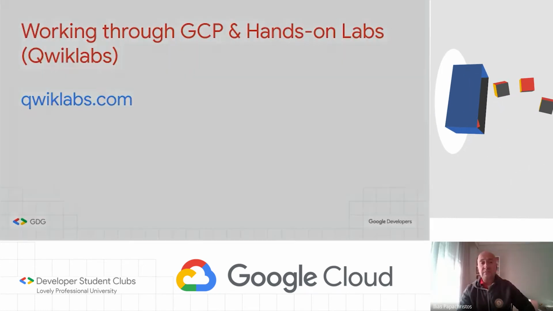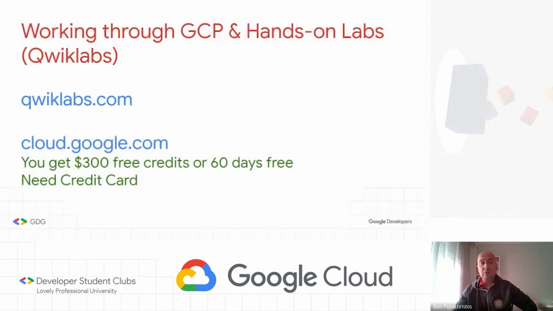So after Quick Labs, we have cloud.google.com, where you get $300 free as credits, or 60 or 90 days free, whichever finishes first, okay? I'm not sure about the 60 days or the 90 days. I've lost it somewhere. I'm really sorry for that.